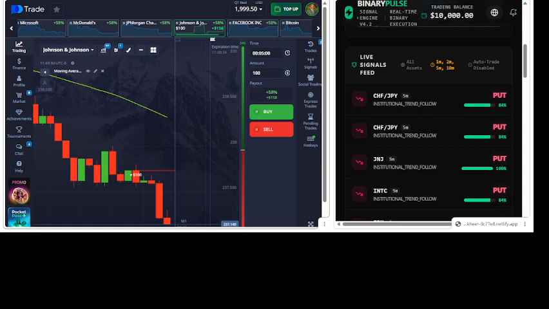Okay, so I'm back on Johnson and Johnson. The trade is about to expire in a few seconds here. Looking real good. We took the 5-minute put trade when the bot told us to, and it actually pushed downward. So let's wait for the results of this trade.